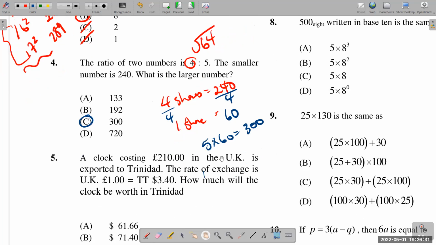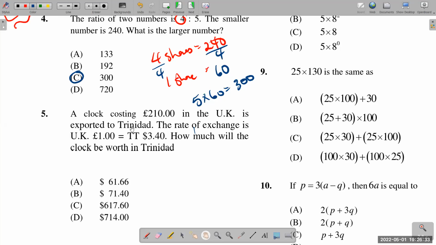Next one. Oh, I'm glad that this came. Everybody okay with money conversion? Give me a minute, let me just answer somebody.